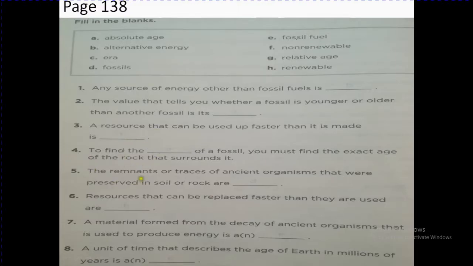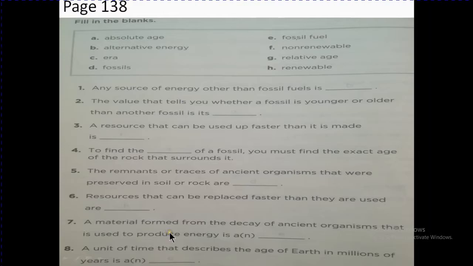After that, number 4 is A, absolute age. Then number 5 is D, fossils. Number 6 is H, renewable.